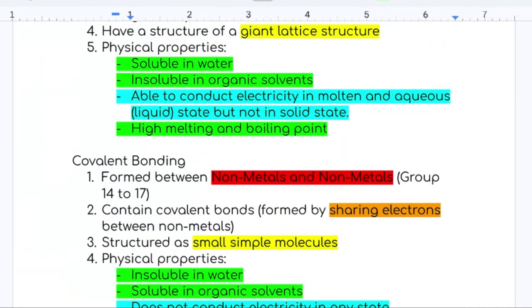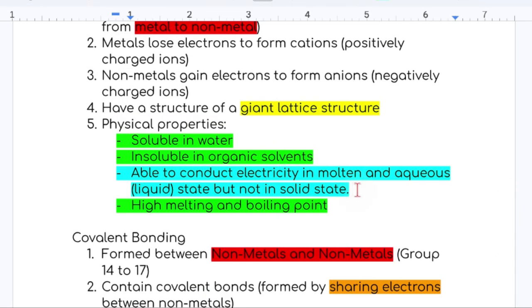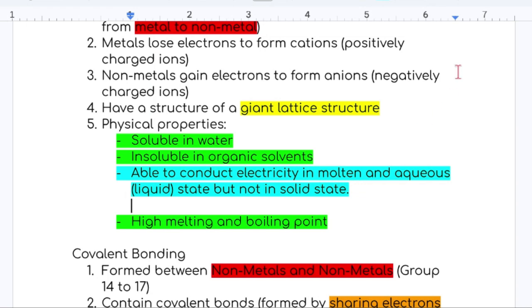Okay, so let me explain why ionic compounds are able to conduct electricity in molten and aqueous state. Firstly, we know in the liquid state, particles tend to move around freely while still in contact with each other.